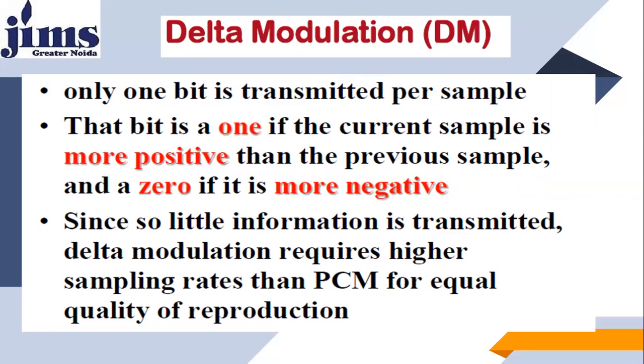This is the basic concept involved in delta modulation. So with the comparison of the present and previous samples, the delta modulator decides whether 1 or 0 is transmitted. So these are the two important points or concepts of delta modulation.